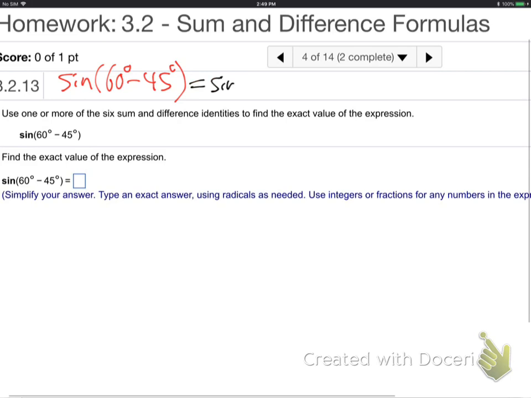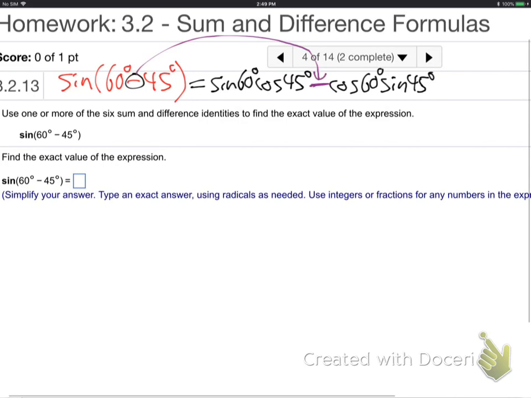So this will be sine, cosine, cosine, sine. We good? Sine, cosine, cosine, sine. 60, 45, 60, 45. Sine in the middle. That's a minus. And it stays the same for sine. For the sine formula, the sine of two angles added or subtracted, the plus or minus in the middle, you just keep it the same.